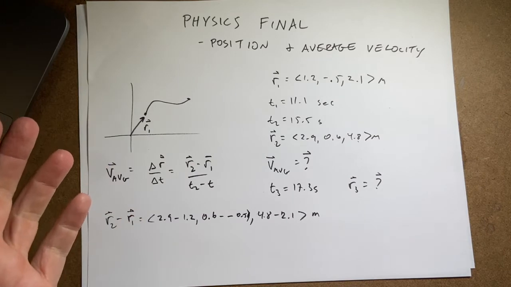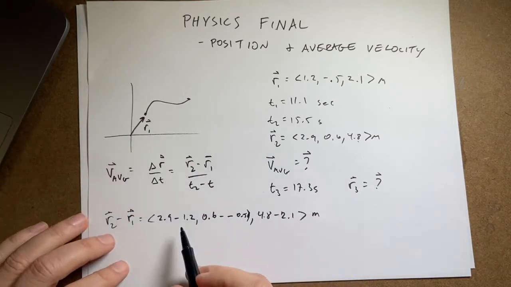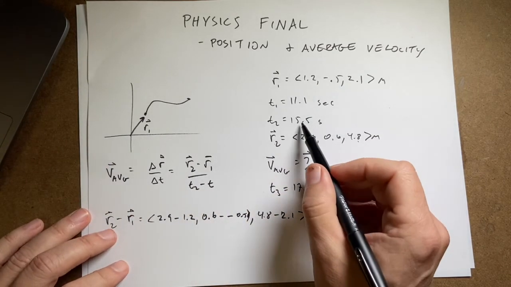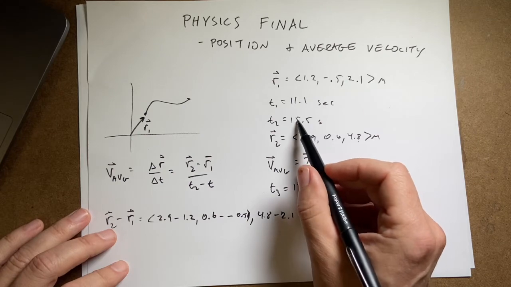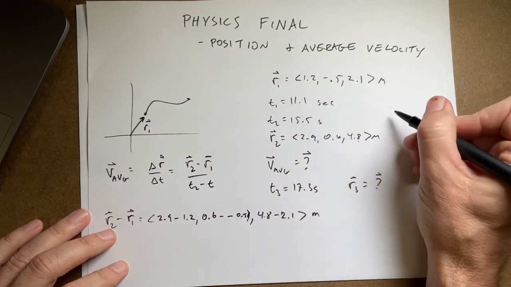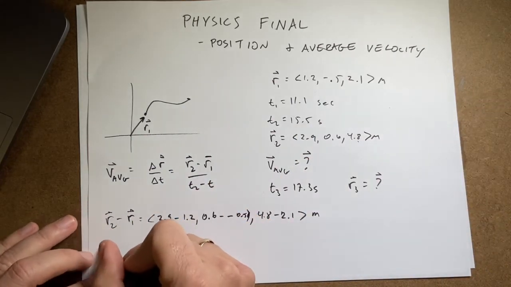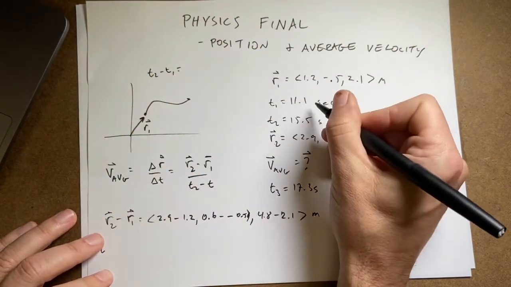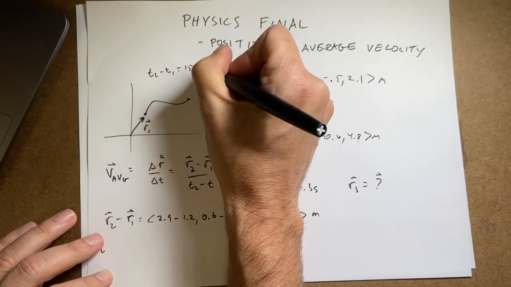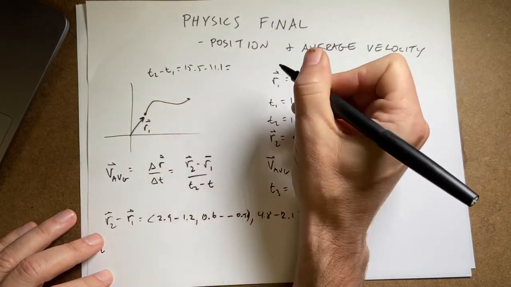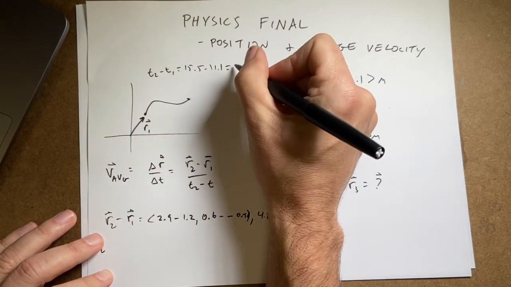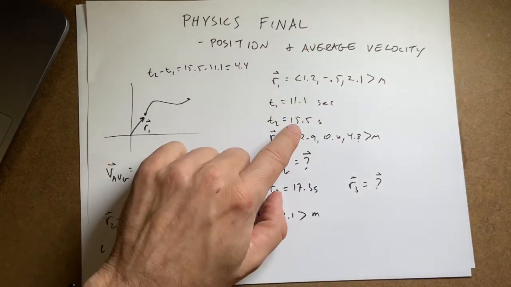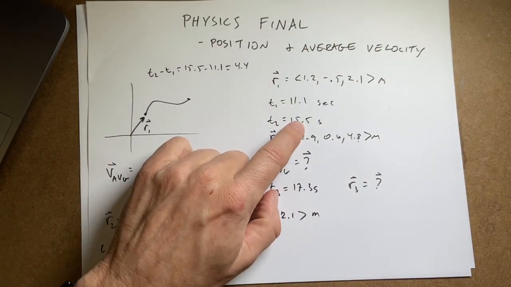So once you do that, now how do you divide a vector by a scalar? Let's just say t2 minus t1. I can do that in my head. t2 minus t1 is going to be equal to 15.5 minus 11.1, and that's 4.4. Is that right? 4.4.